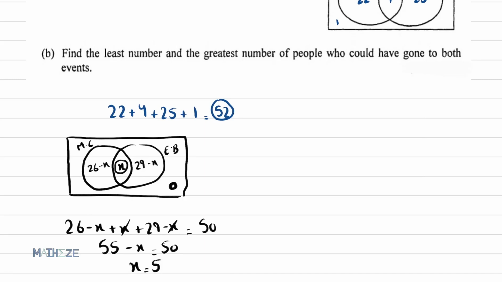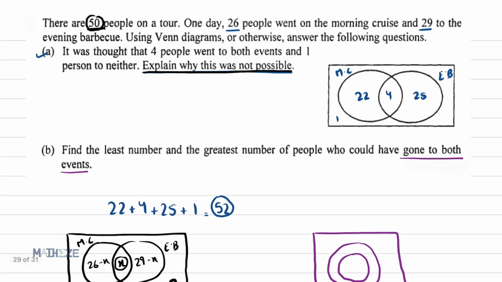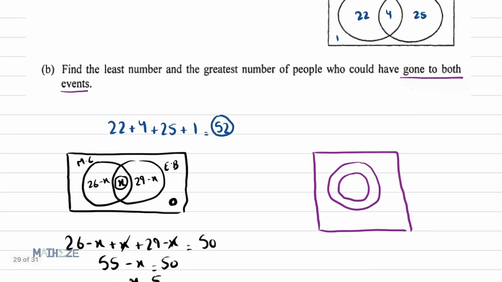Now comes the greatest value of people who could have gone to both events. For greatest value, I'm going to make a Venn diagram like this. Now tell me, morning cruise has less people or evening barbecue has less people? Morning cruise. The morning cruise will come inside and evening barbecue will go outside.